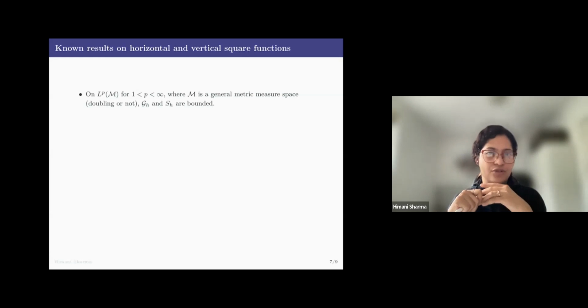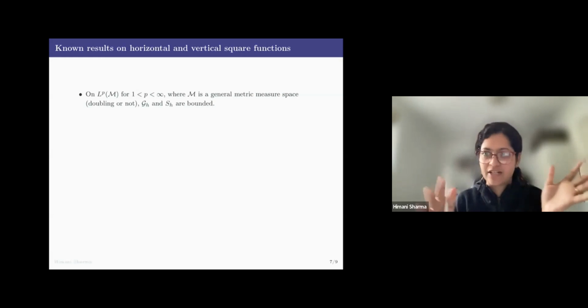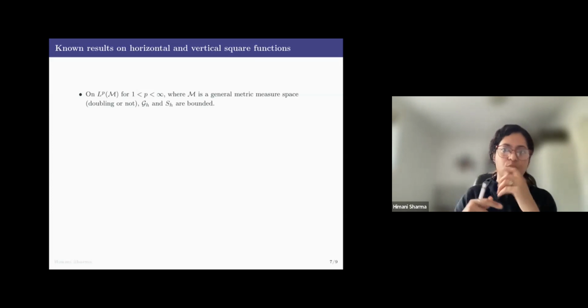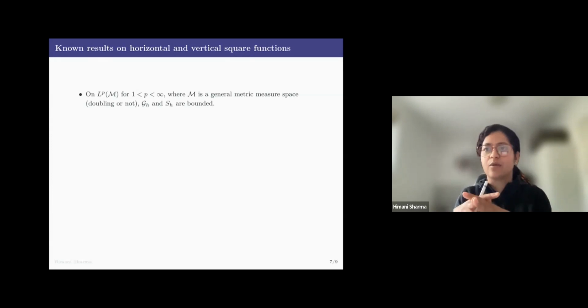I think, if I'm not wrong, you can see it in his 1956 book. I don't remember the book name, but you can see it in the references later. That result has been shown for these two horizontal square functions, for every M in the generic metric measure space. So we do not have to worry later about restricting the domain, restricting the manifold, or doing something on it.